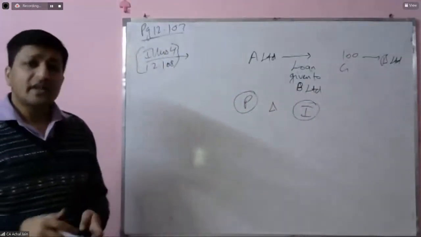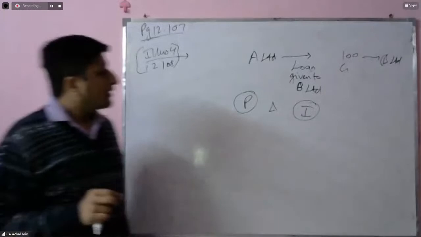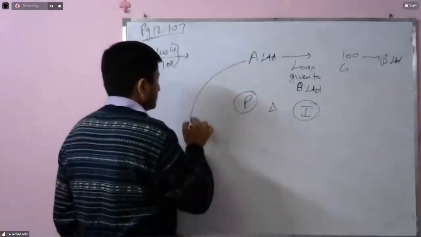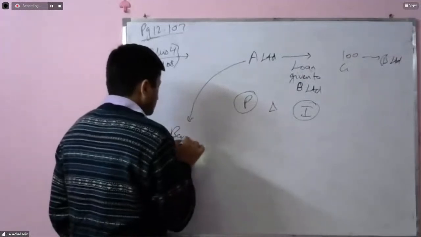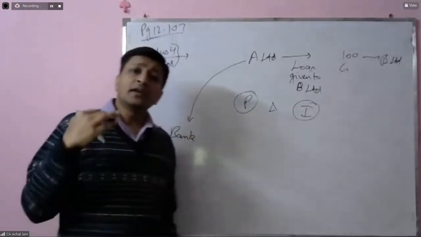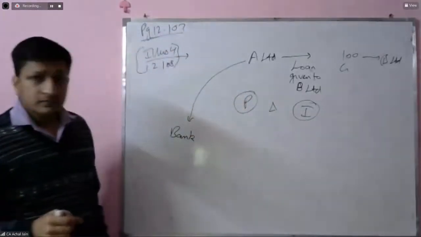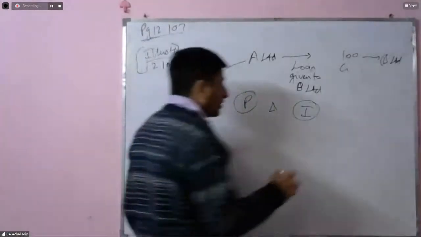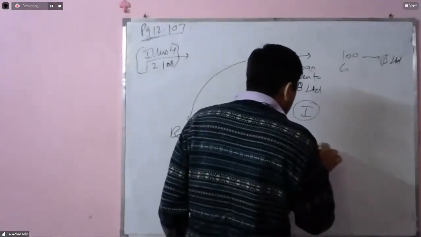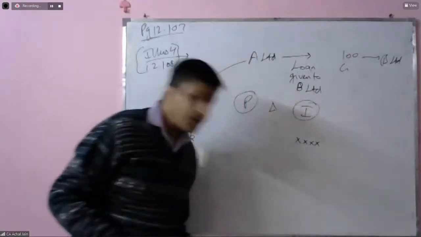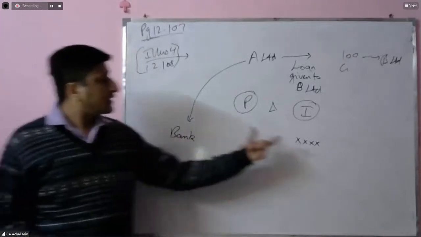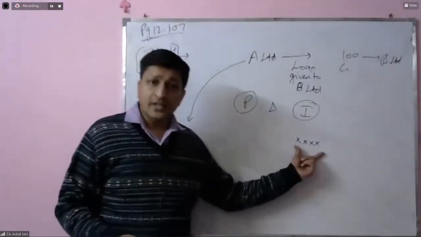Now what has A Limited done? A Limited has entered into a contract with a bank, and A Limited has sold its rights towards this interest to the bank.